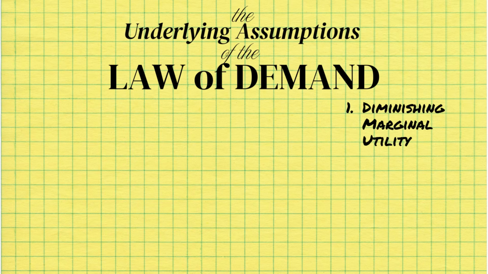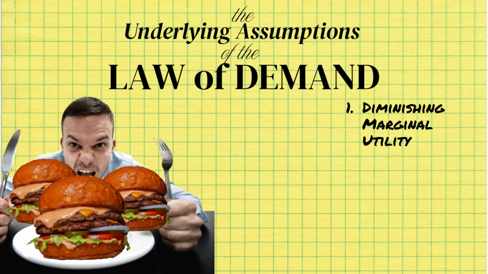Remember the guy eating all the hamburgers? That's the law of diminishing marginal utility at work. Once again, utility is the satisfaction gained from consumption, and marginal utility is the extra satisfaction from consuming one more unit.